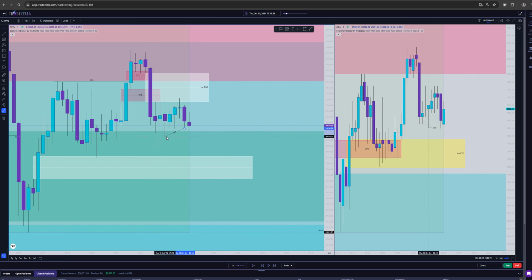Where's the one that says the stronger and the weaker one? Pretty much the stronger one is the one that doesn't get taken out. Therefore, it is the most stable in terms of smooth movement.